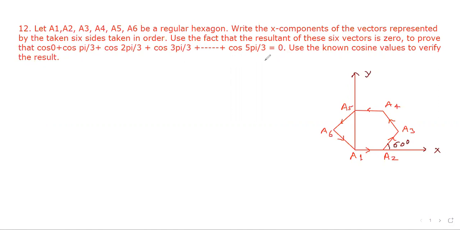So here, if the net resultant is 0, it means the x components and y components will be separately 0. So let's prove it. Consider the sum of x components.